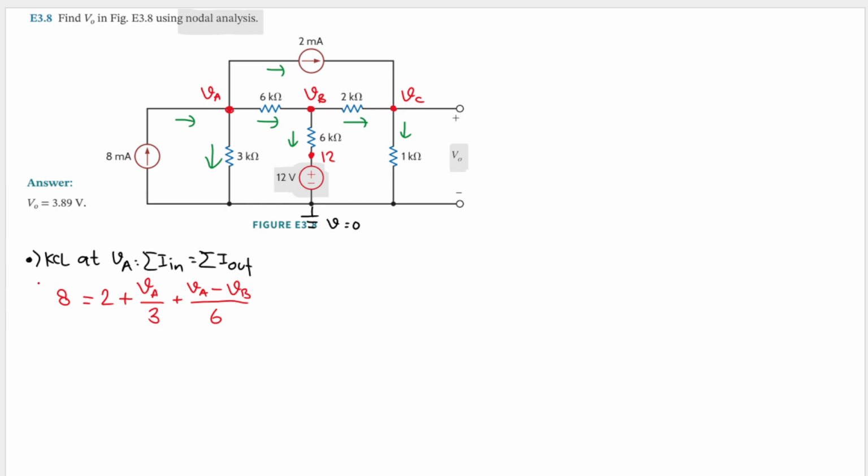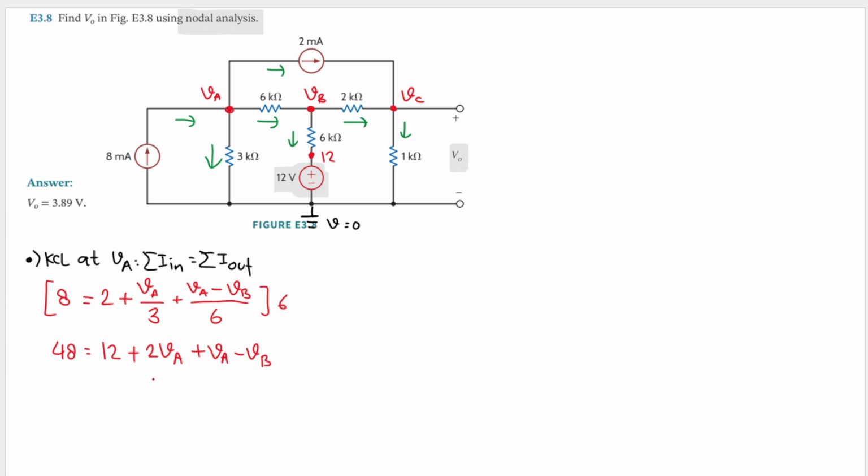Okay, let's do some math here. Let's multiply both sides by 6. So we will have 48 here, and here we will have 12, and then plus, 3 and 6 will cancel out into 2, so we'll have 2 VA, and then plus VA minus VB.